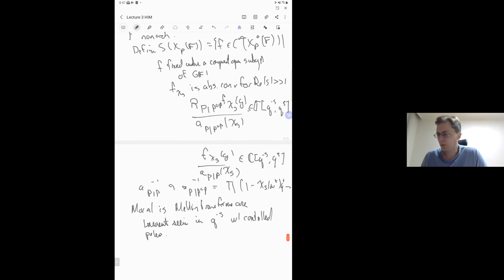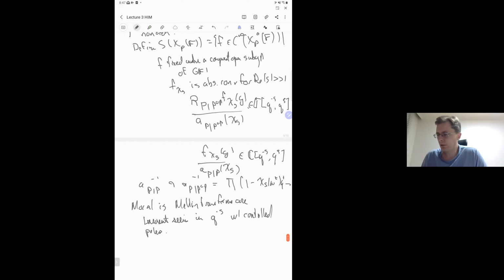But the thing to think about is that if you wanted to understand the usual Schwartz space on F in terms of Mellin transforms, essentially what you'd want is that when you take the function's Mellin transform and divide it by some local L factor, you get something holomorphic.